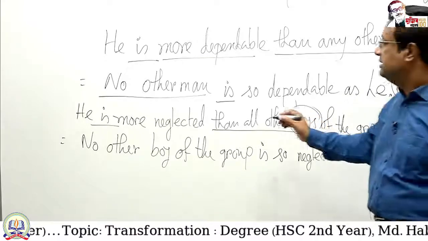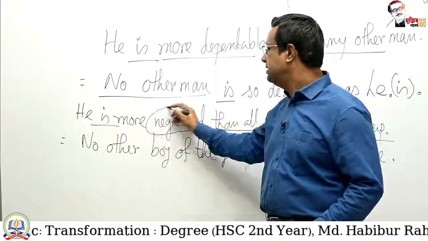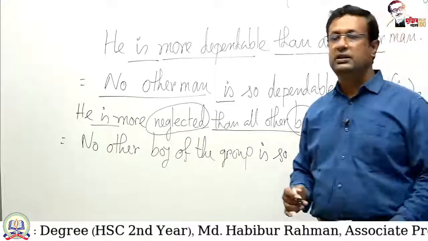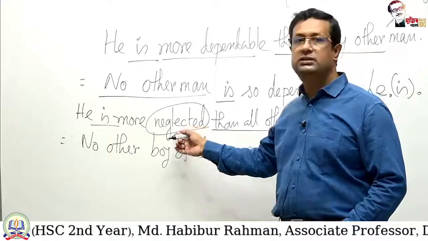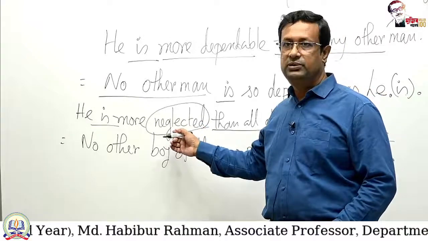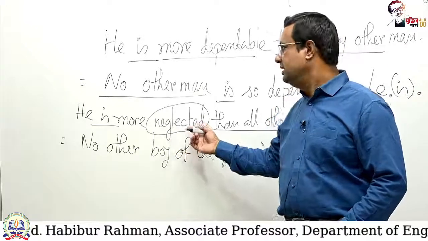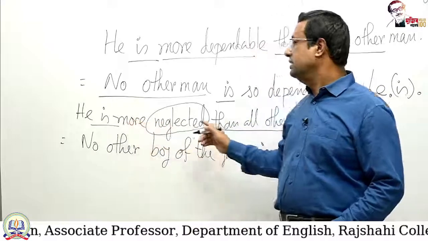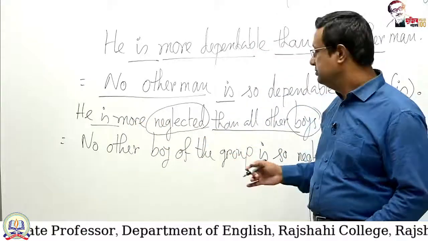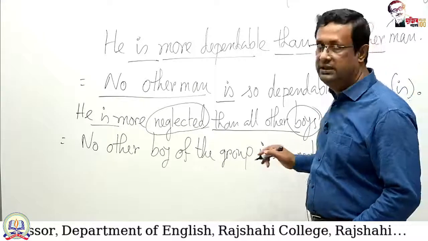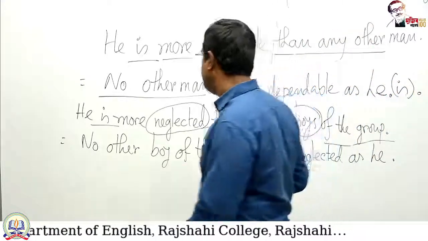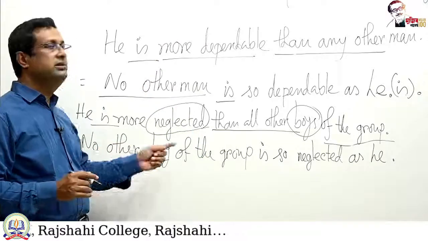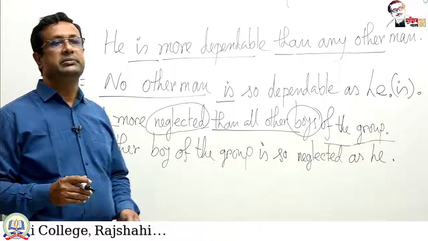So you see, neglected is the past participle form of a verb, but here it has been used as a modifier, that is, an adjective. We used more neglected. Now we are using so neglected as. So the sentence is, no other boy of the group is so neglected as he.